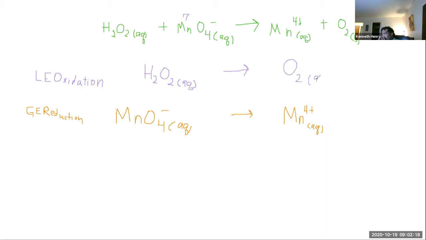Okay, so we broke it up into two halves. What is the next step? Balance. Okay, let's start off with the reduction one since it looks easier to me.